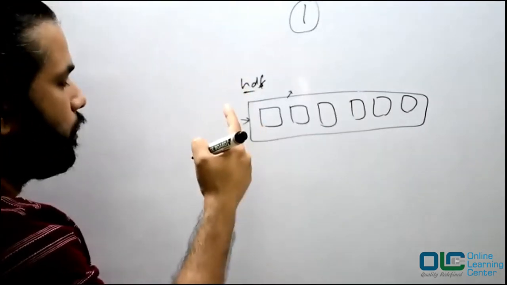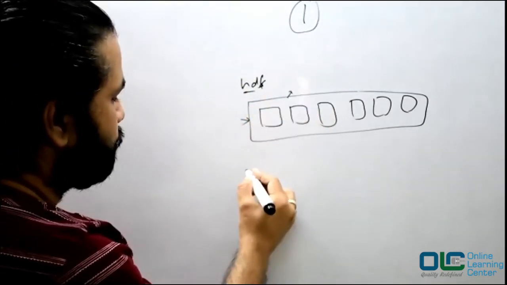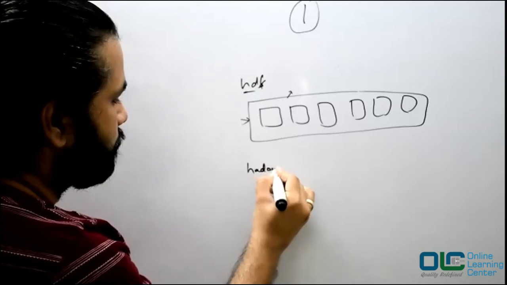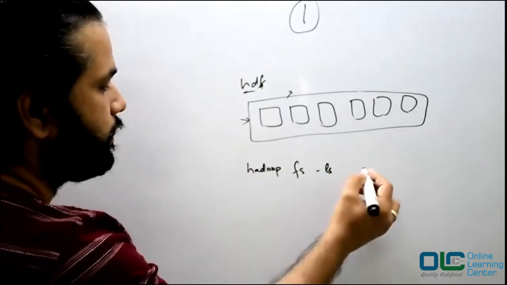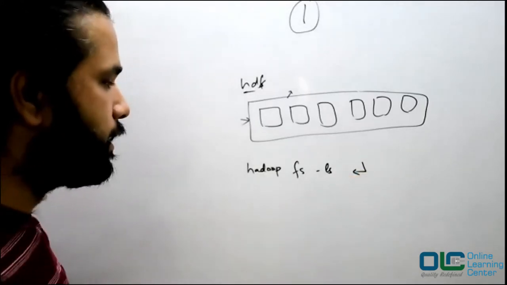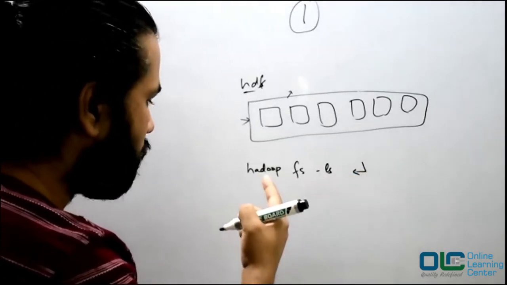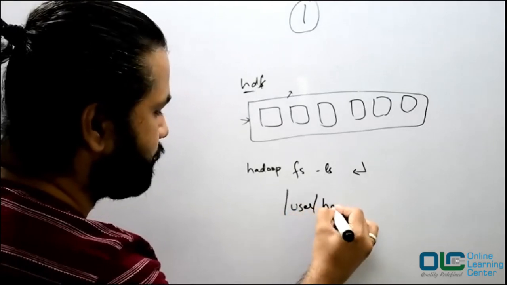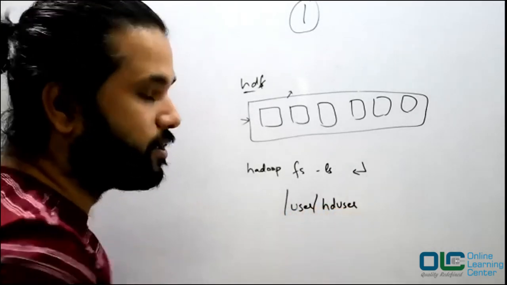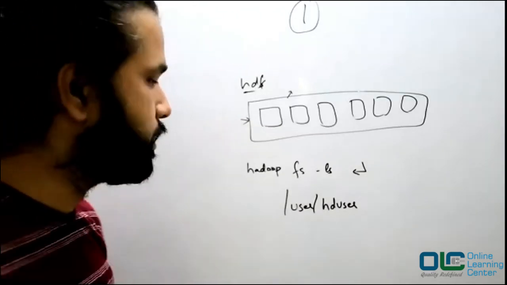Now, when you say Hadoop fs -ls, right, and when you hit enter, what does it give you? It gives you the output of /user/sd user in my case, because my current user is SD user.